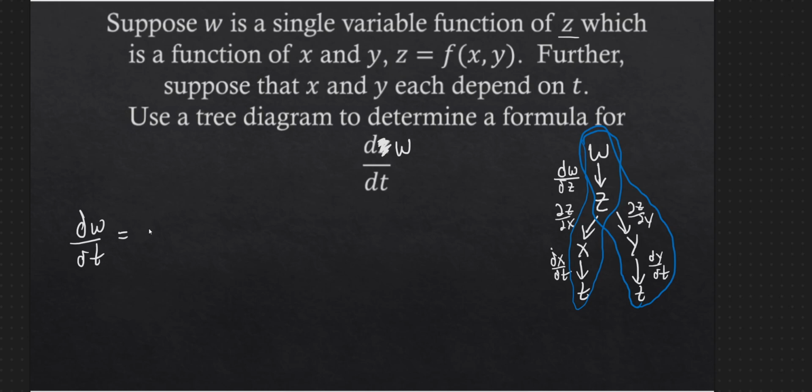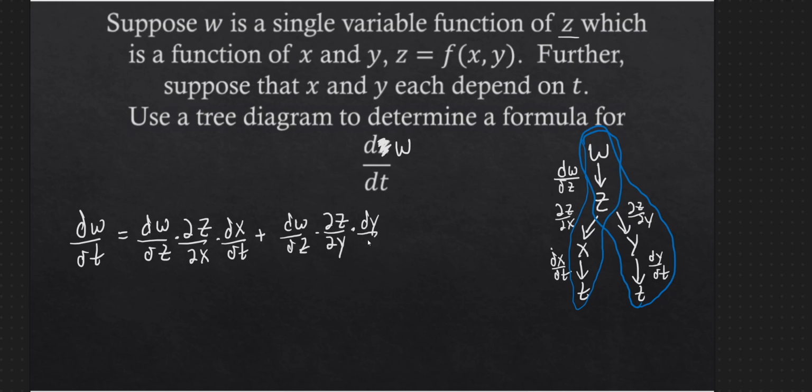So this will be dw dz times partial z, partial x, times dx dt. And add that to dw dz times partial z, partial y, times dy dt. And that would be the chain rule for this situation.